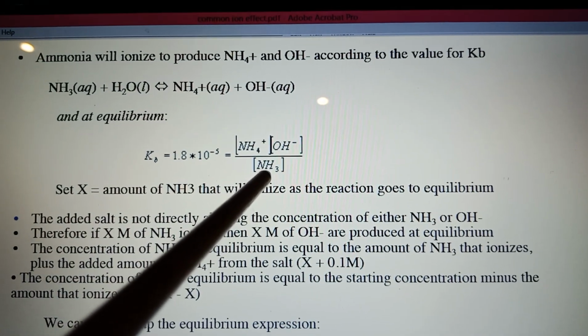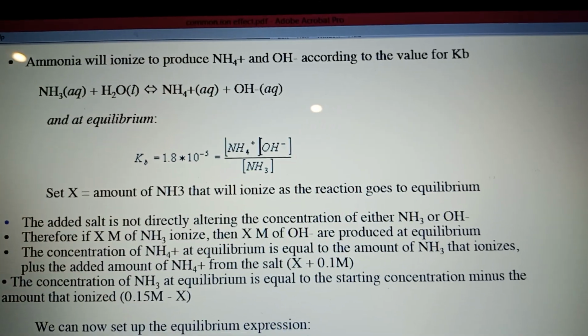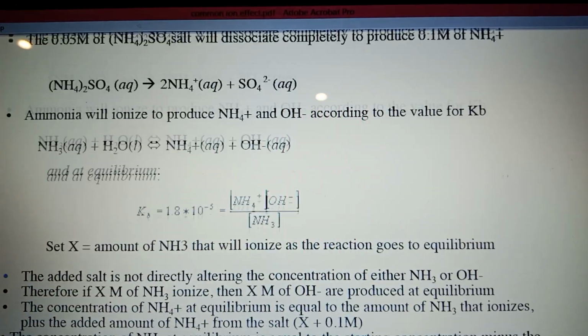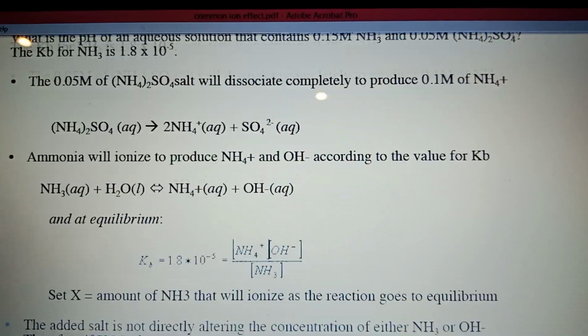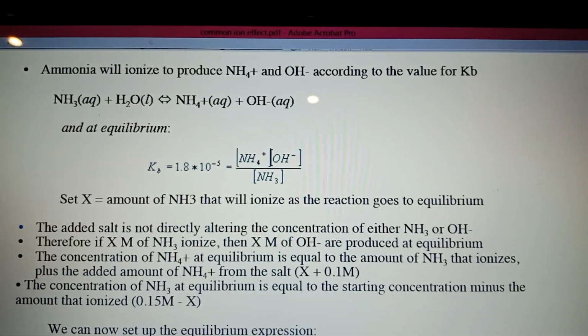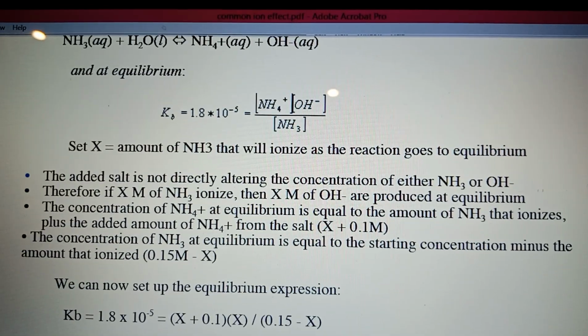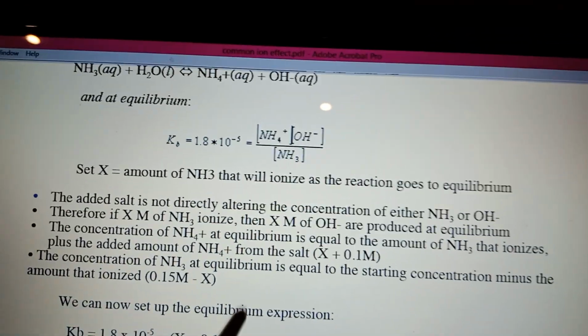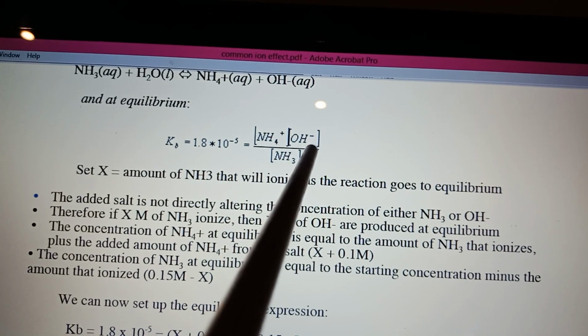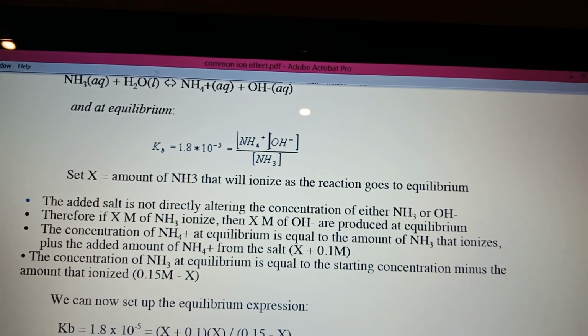So the actual concentration of ammonia in this example is 0.15 molar, and let's say X amount is dissociated into ammonium and hydroxyl ions.